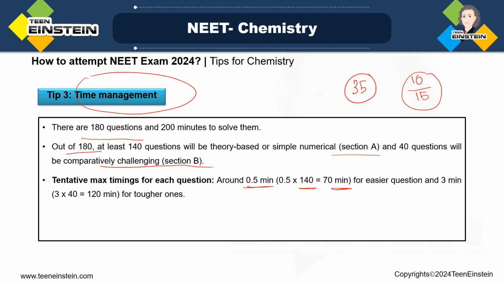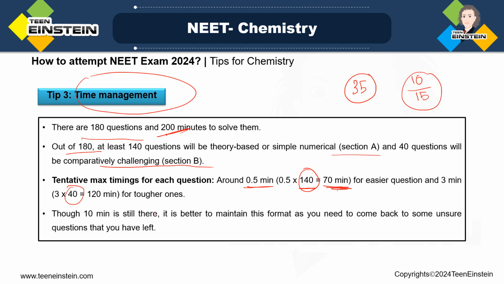But whatever it is, just think of it as some simple questions, which are around 140, and some little complex questions, which are around 40. So if you spend 3 minutes, it is around 120 minutes for the tough questions. Now if you add these two times, 70 plus 120, it is 190. Now you still have 10 minutes extra, right?